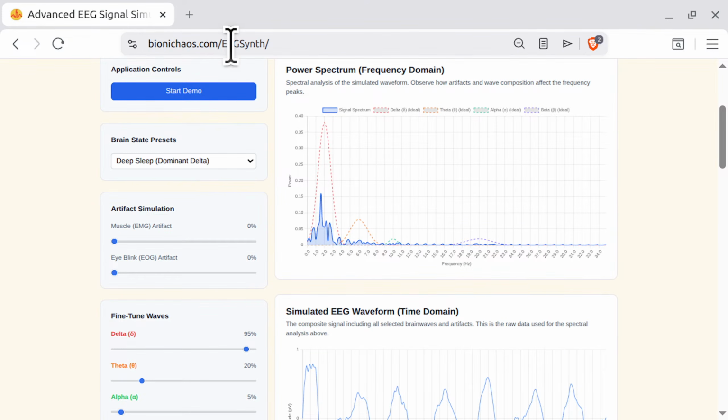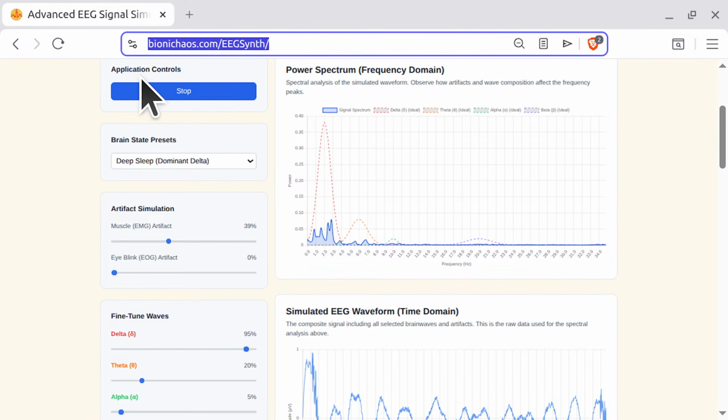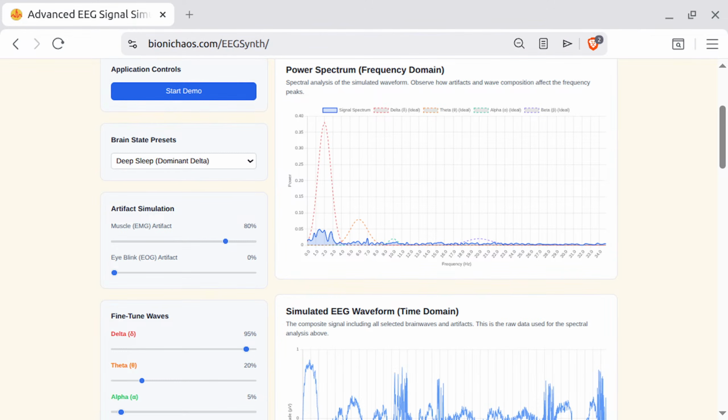Okay, so can you actually go to bionicchaos.com/eegsynth? It's EEGSYNTH, and explain how is it relevant to what we are talking about? I can't visit or browse specific websites directly, but I can help explain. The page likely explains EEG methods or technology, which relates to how electrical activity from the brain is recorded and analyzed.